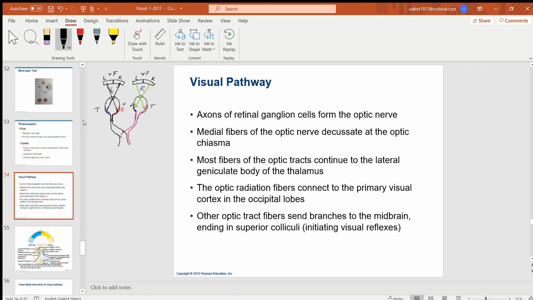Okay, and the red one, this one has crossed to the left side. Okay, so the nasal side's fibers will cross to the opposite side. Make sense? Same thing here, nasal side's fibers will cross to the opposite side. Okay, this part is the optic nerve.